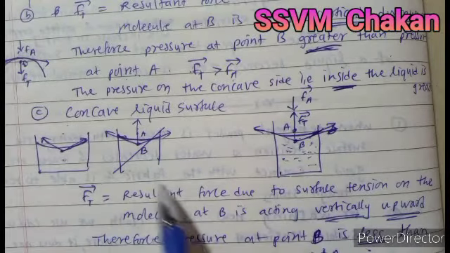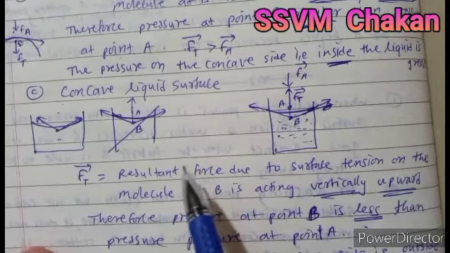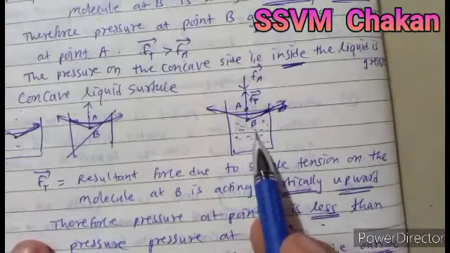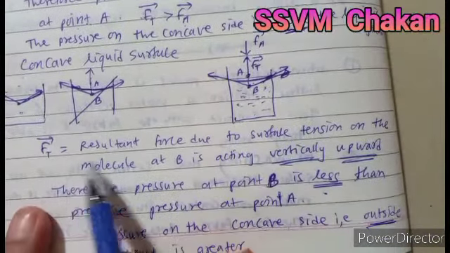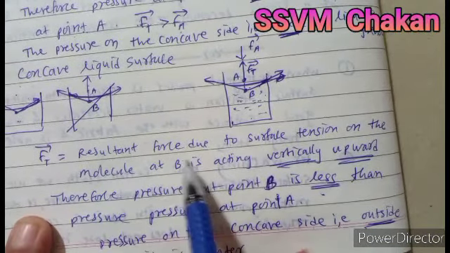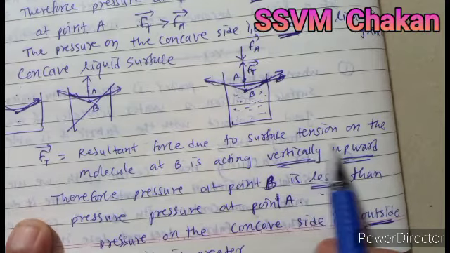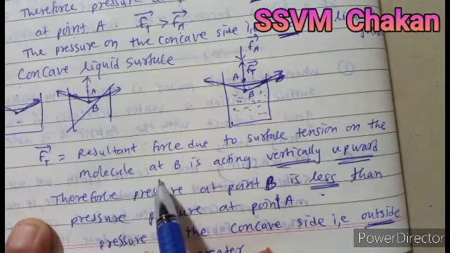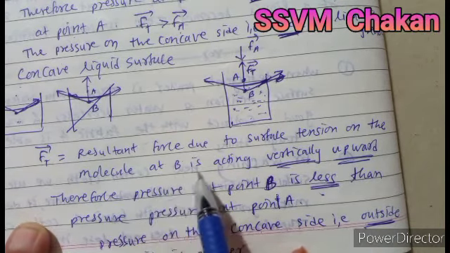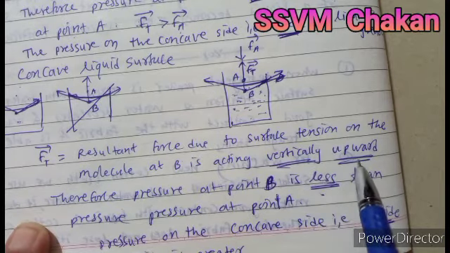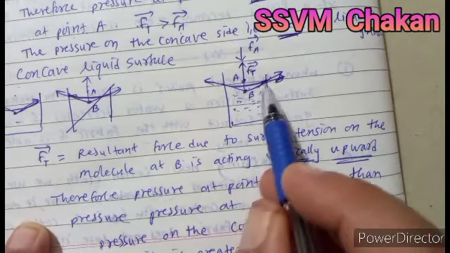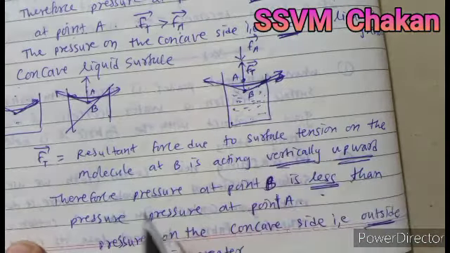Third case, concave liquid surface. We consider this case. Ft bar, the resultant force due to the surface tension on molecule at B, is acting vertically upward. Now here the surface tension acts in upward direction.